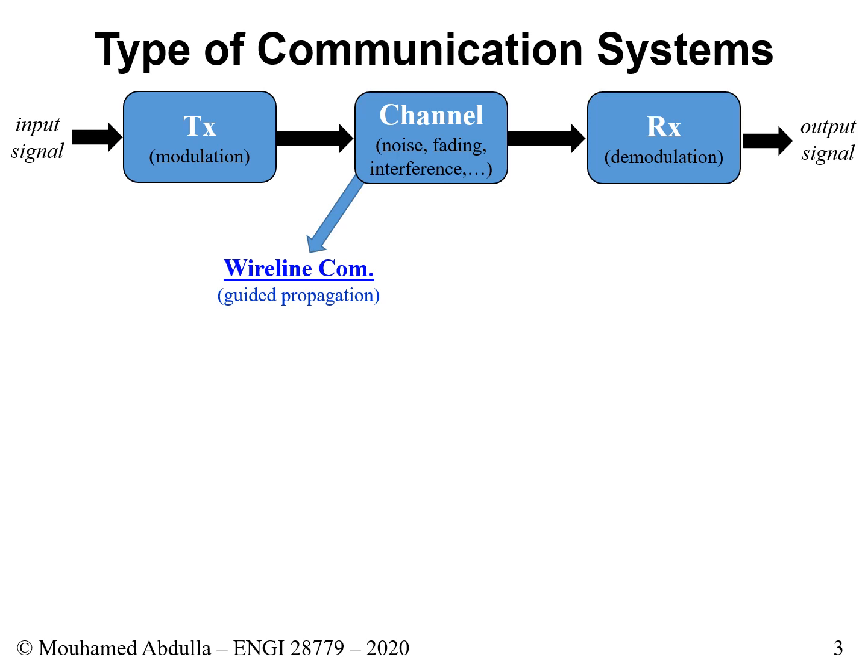So if you look at the channel, one possibility is that it be in a wireline communication. In other words, the propagation for your communication is guided. Another possibility for your channel is that your signal is just transmitted in the air.